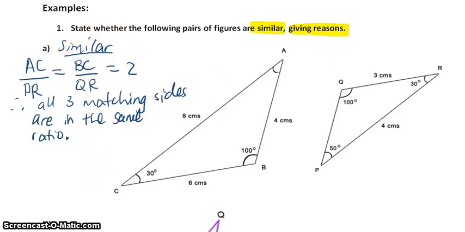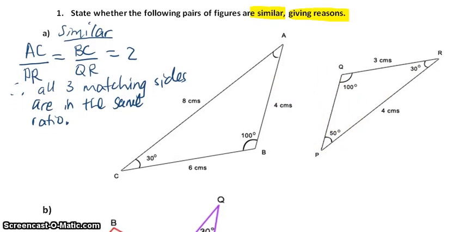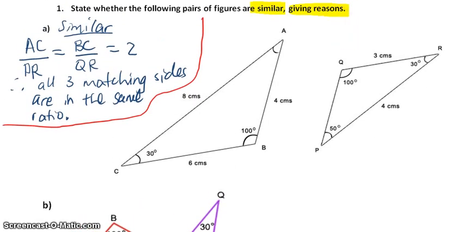So I gave some reasons. I could have also said that all the angles were equal and listed them, but I chose to use the sides. So I'm finished the question here now, that's enough. But I want to show you the alternative way. If I was going to use the angles, here's what I'd have to do. Angle C equals angle R equals 30 degrees, and that's given in the picture, so I'm going to write given, otherwise I have to write my rule.